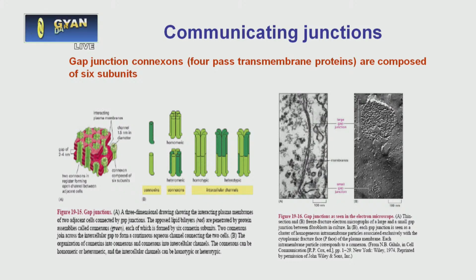Like all light green means they are a similar type. 6 subunits are identical, so you will call it homotypic. That means single kind, they are all similar. But if the subunits are different, then you obviously will call it heterotypic. So the subunits can be of the same kind, or the subunits can differ. So accordingly, there are two different kinds of connexon molecule.